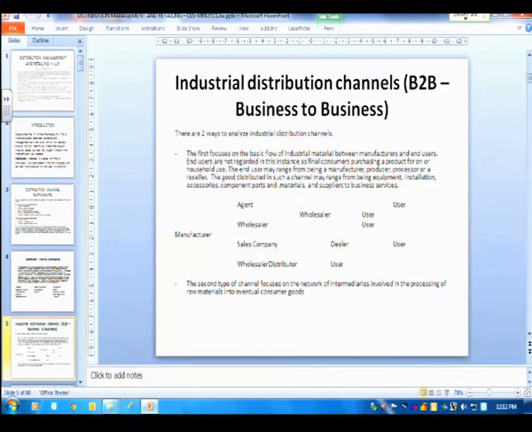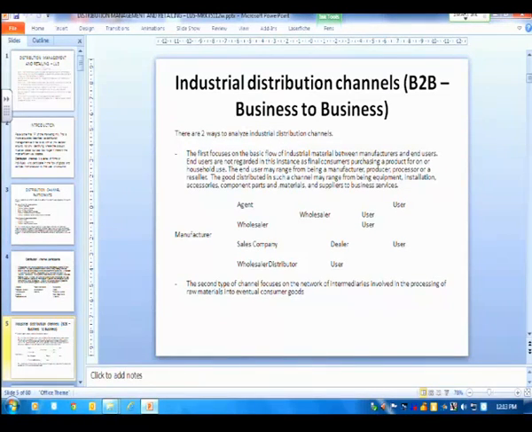The goods distributed in such a channel may range from equipment, installation, accessories, component parts, and materials, and supplies to business services. Hence, you can see that from a manufacturer, you can have the product going through distributors like agents, wholesalers, sales companies, and wholesale distributors.